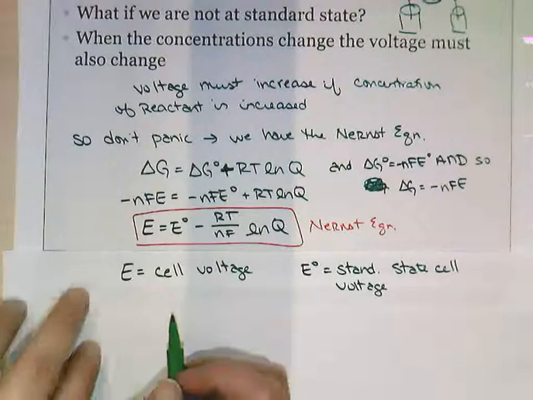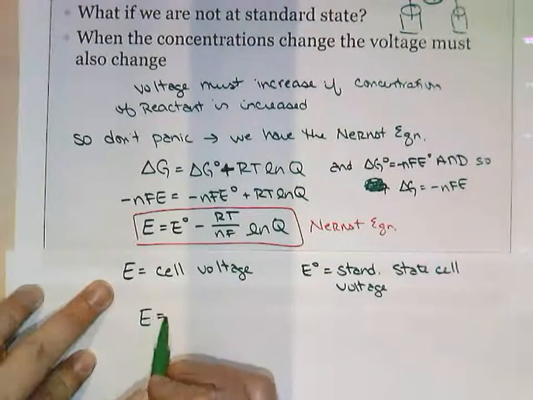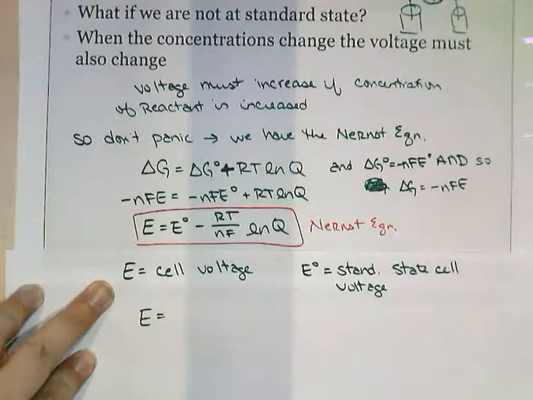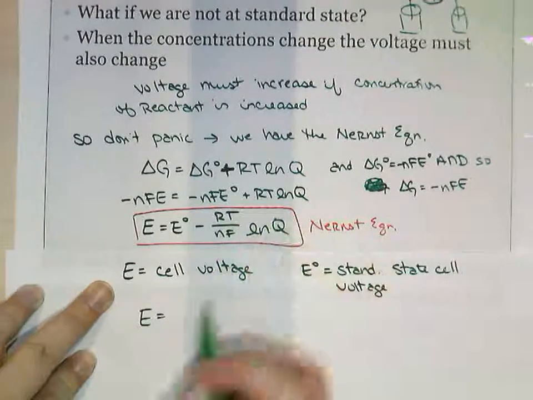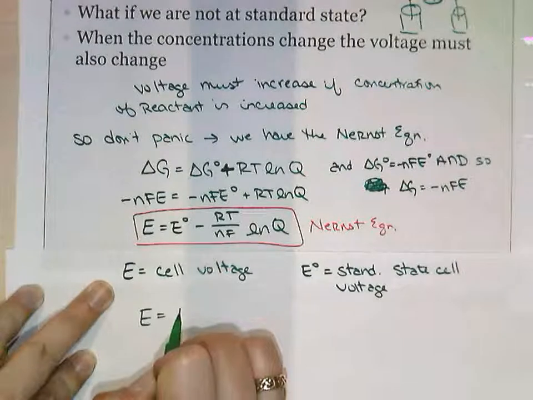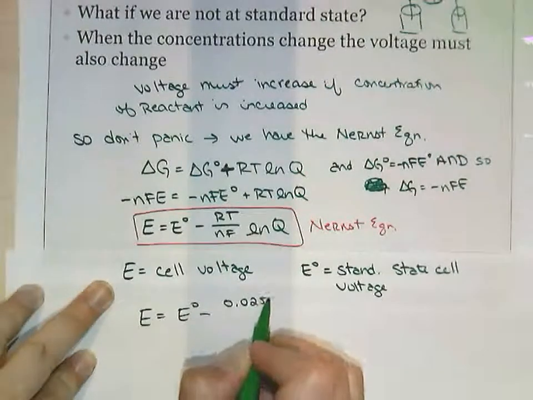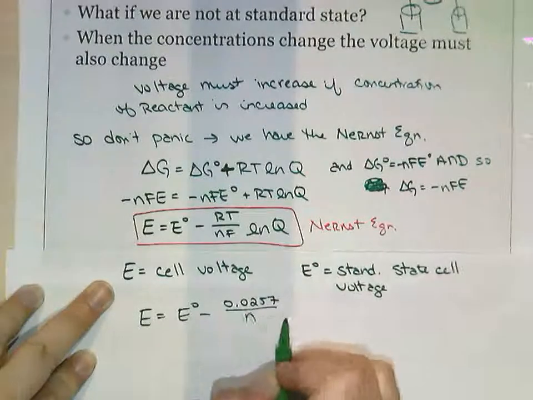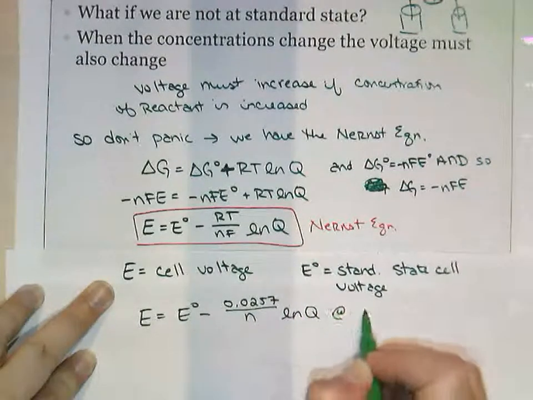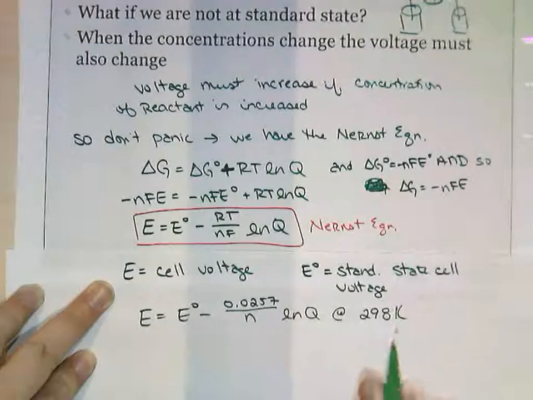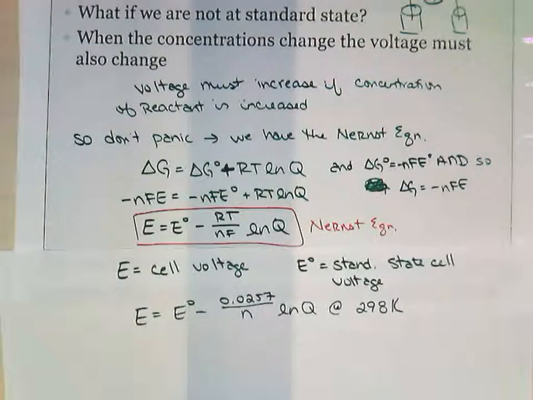We can do a similar thing to what we did a few minutes ago and combine the RT and F. So that may be a more useful version of the Nernst equation. As long as you're at 298 Kelvin, RT over F is a constant.